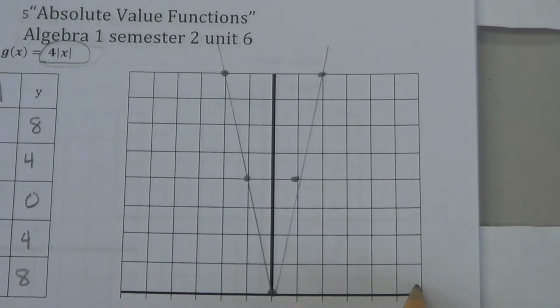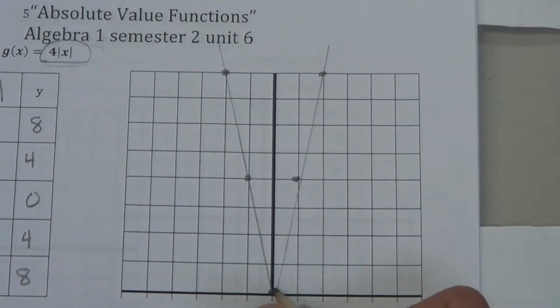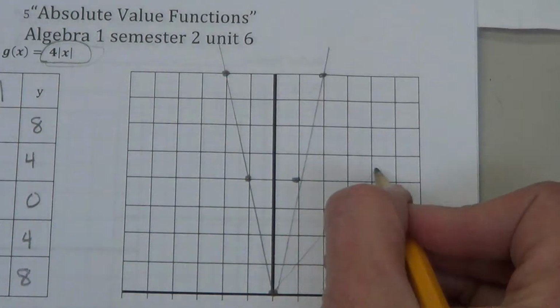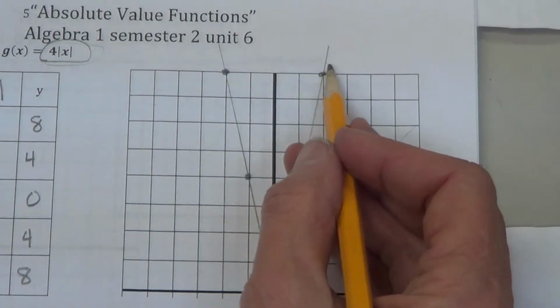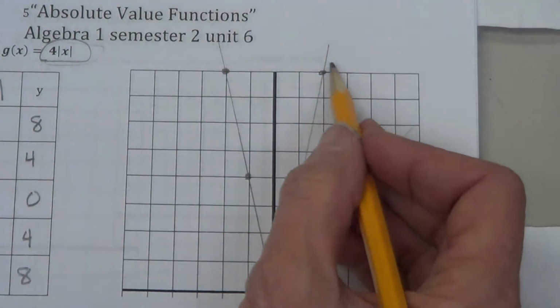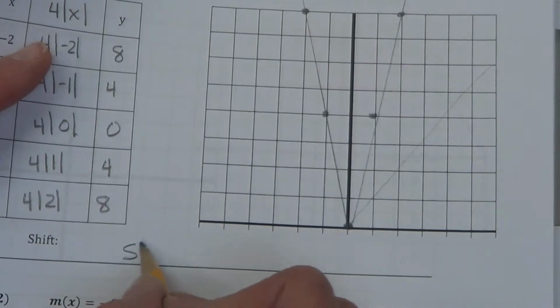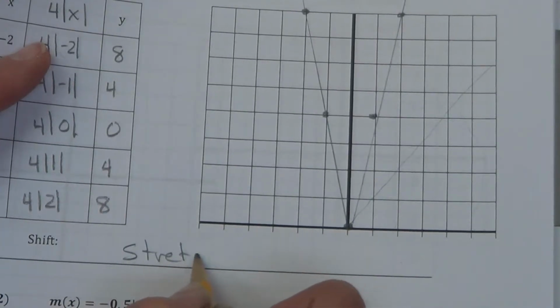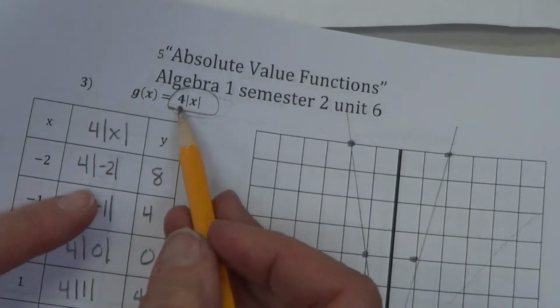We say in math that you're stretching it away from the x-axis. See how the parent graph came out like this? Well, you've stretched the top of this graph a lot further from that. So we say it's stretched by a factor of 4.